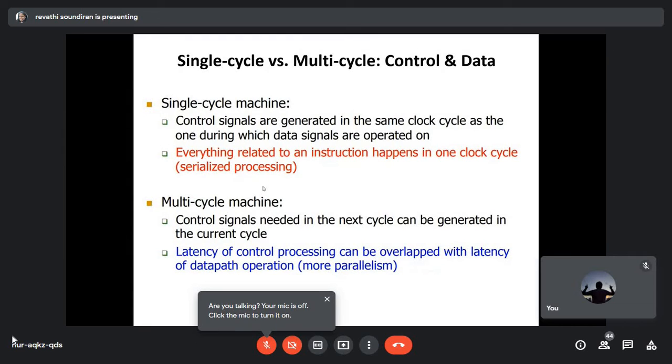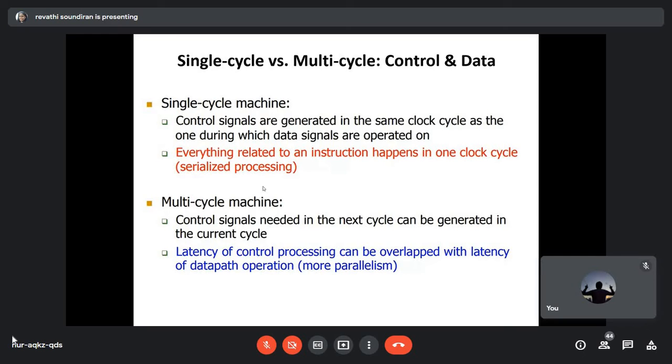With respect to your multi-cycle machine, the control signals required for the next cycle are generated in advance. When you look into the latency, the latency of control processing can be overlapped with the latency of the data path.